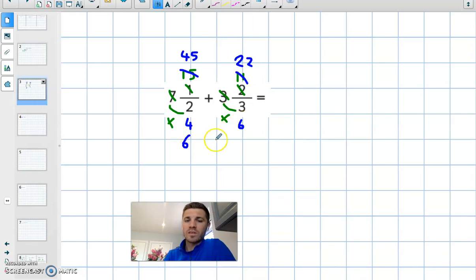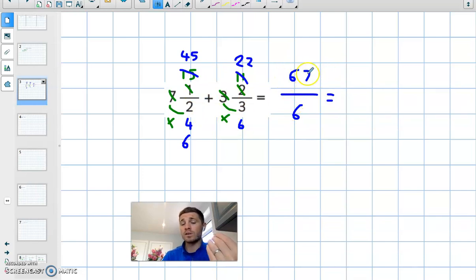Now the denominators are the same, I can add these together. So first of all, I'm going to add the 2 numerators together. So 45 plus 22 is 67, and the denominator always stays the same. Now, because we started with mixed numbers, we must convert this improper fraction back into a mixed number.